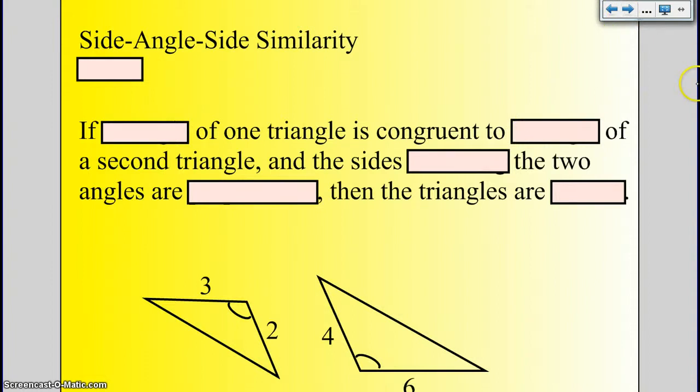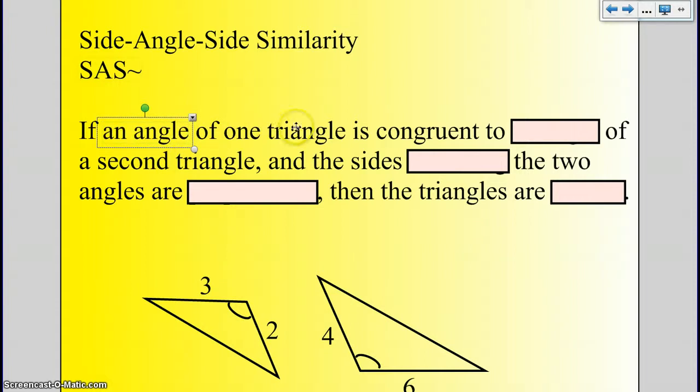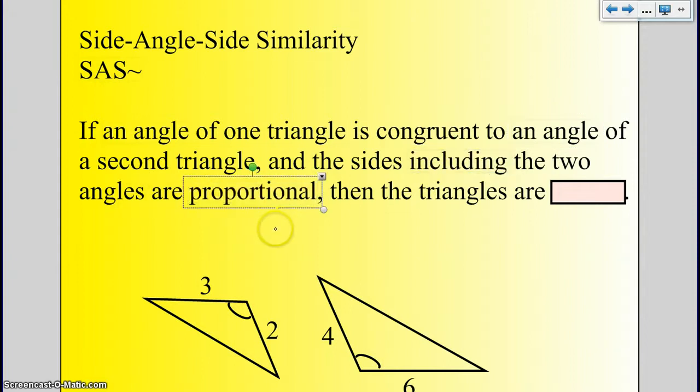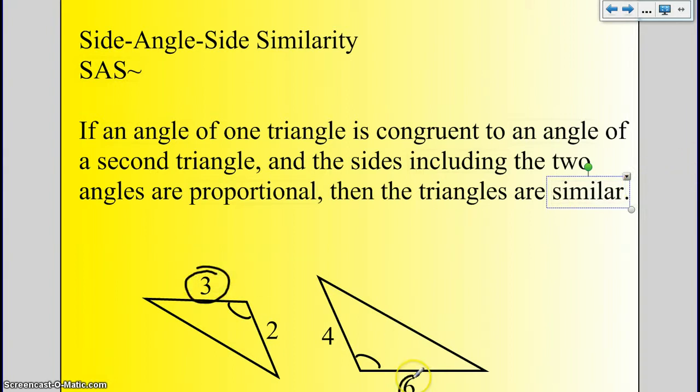I have side angle side similarity, so it looks like this, and it says if an angle of one triangle is congruent to an angle of a second, and the sides of two angles are proportional, then the triangles are similar. Proportional. I have a 3 here, I compare that to 6. I have a 2 here, I compare that to 4, and this angle is congruent to this.